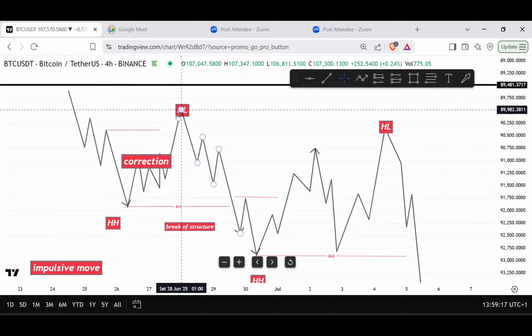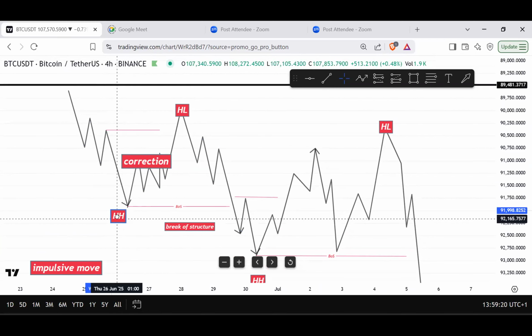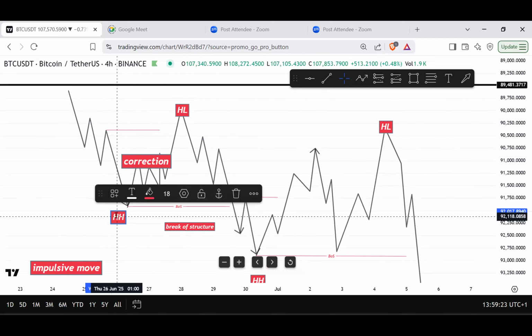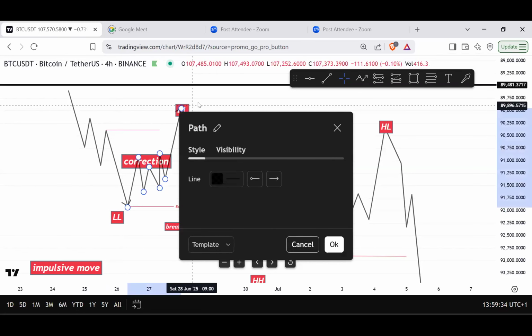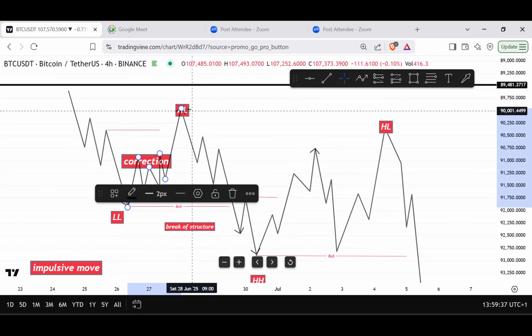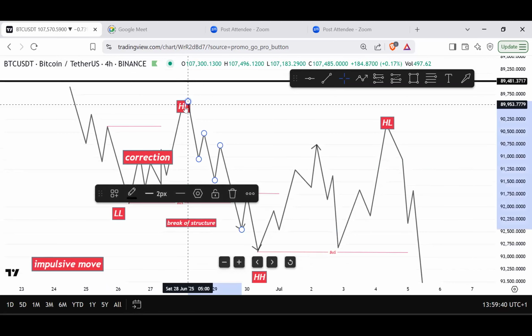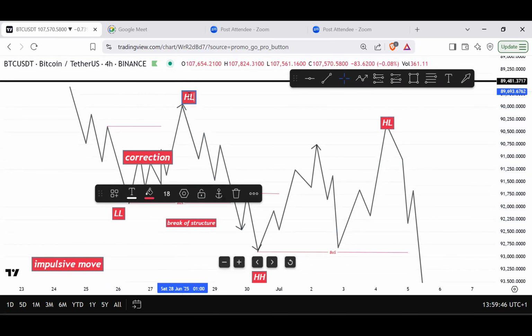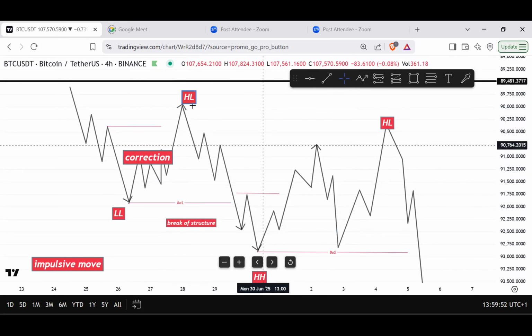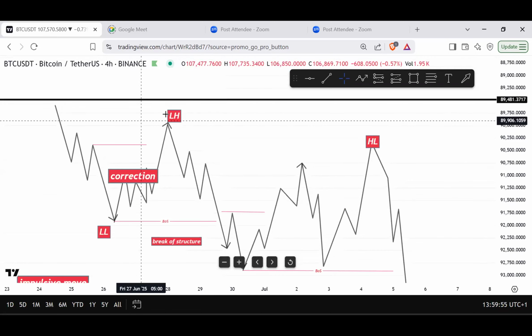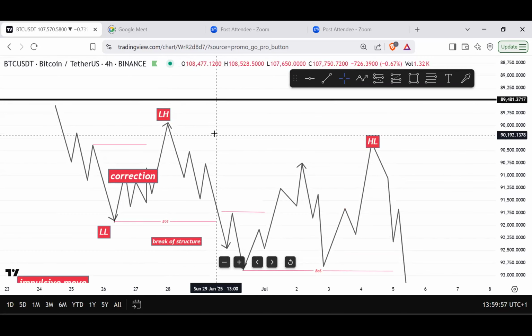Once we confirm the correction, we will now write lower low, LL. Then here will be the lower high, LH.